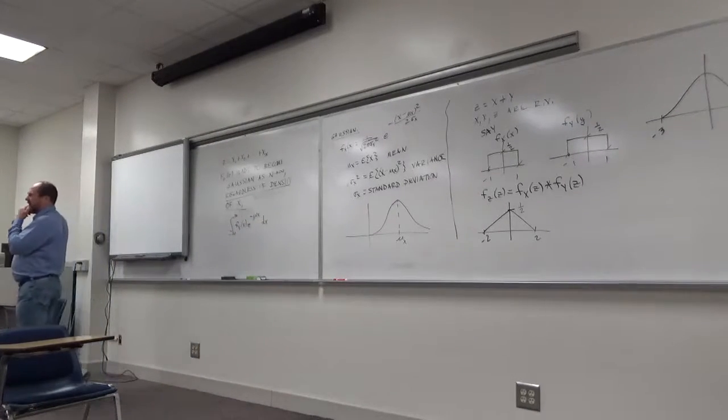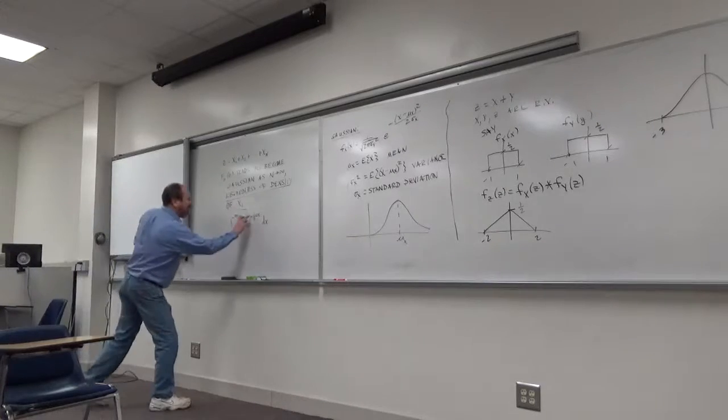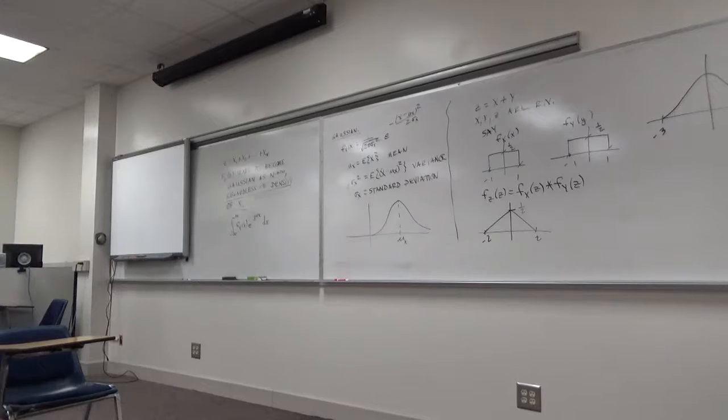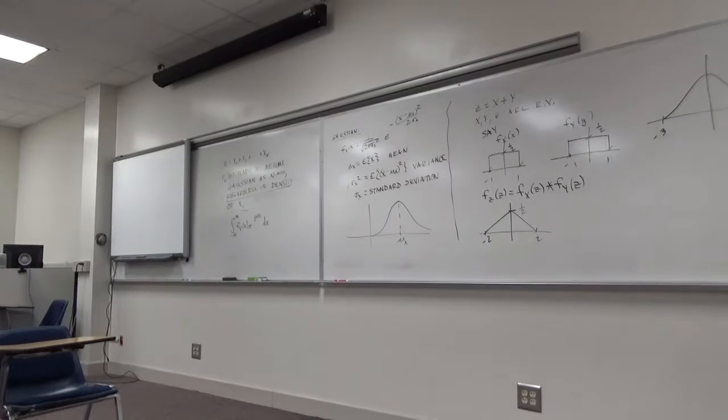I'm sorry, back. E to the positive j omega x. Have you ever seen an integral like that? You better say yes, because that is what? If I'd left that negative in there, what is that function?